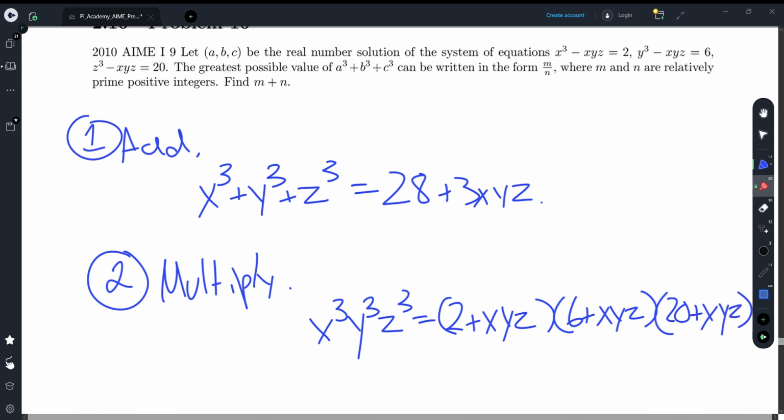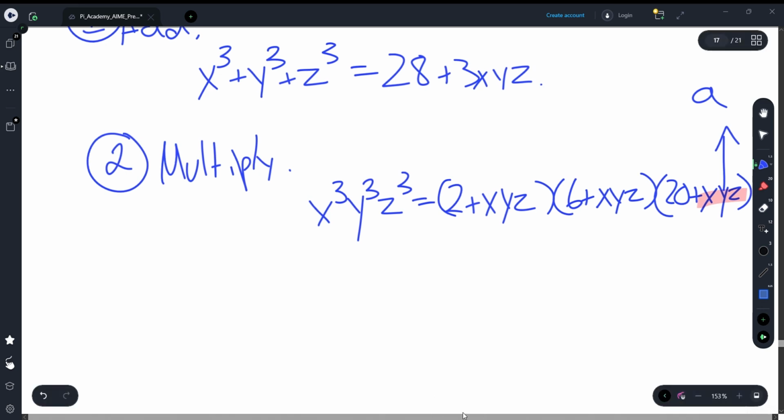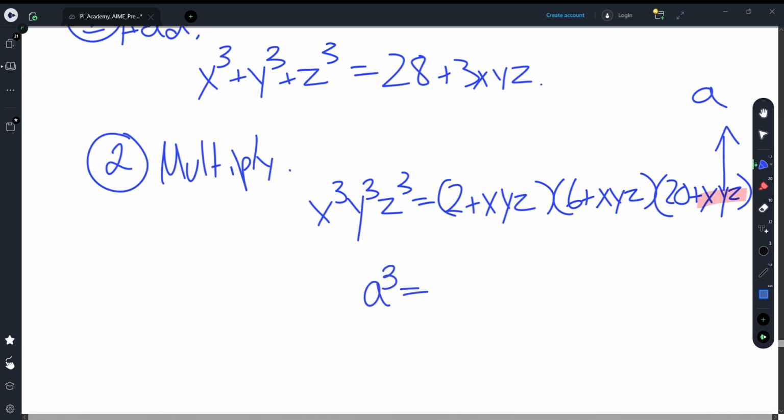So, just to make things easier on ourselves, let's set xyz as a, for example. So we see that now we have a polynomial. So a cubed is equal to, let's multiply this out, a cubed plus 7a squared plus 43a plus 60.